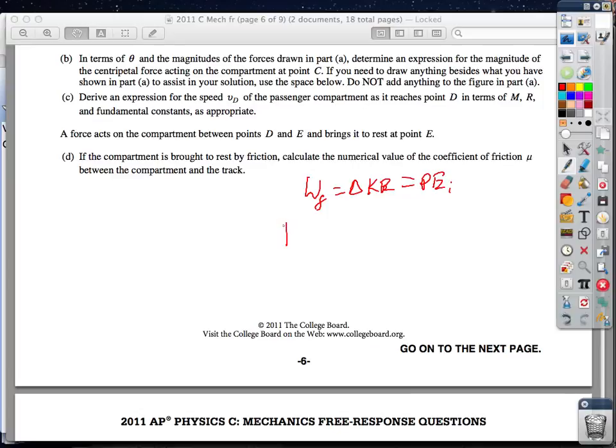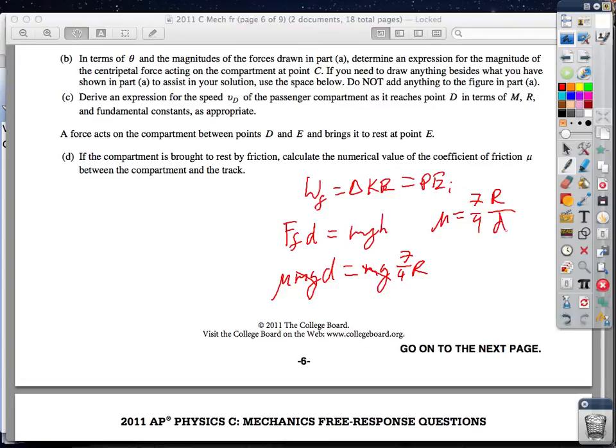So that's going to be F sub F times d is equal to mgh, which of course is 7/4 r. And then this F sub F is mu mgd, which equals mg times 7/4 r. So that goes away, and so we get mu is equal to 7/4 r over d.